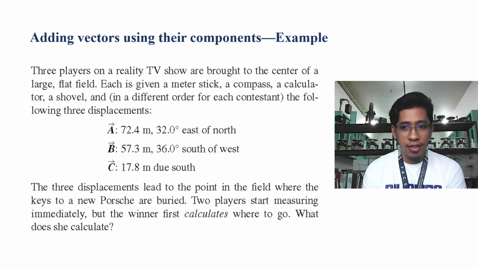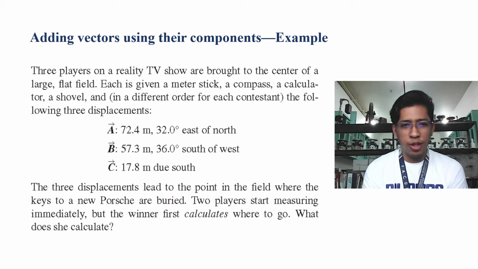You did it because you know that the displacement will just lead to the same point, and that displacement is the vector sum of your three vector displacements, right? So if you're going to calculate the vector where you're going to go, you're just going to measure one vector and you win.